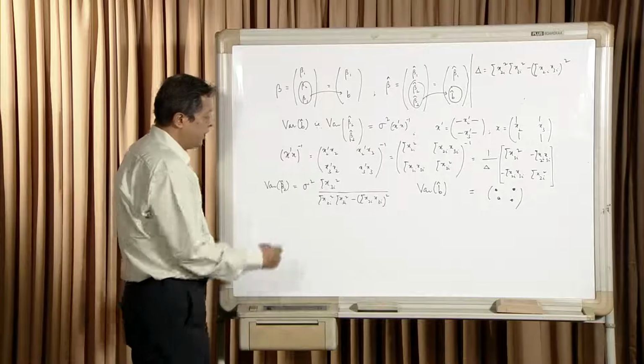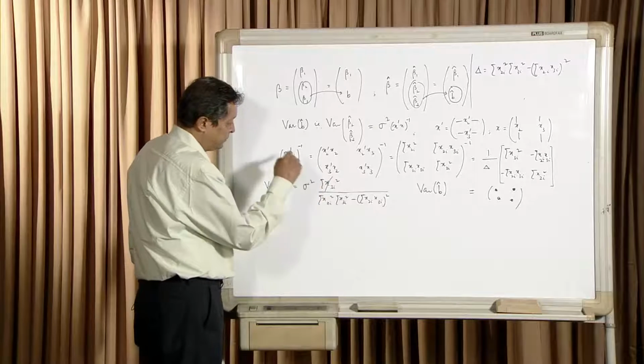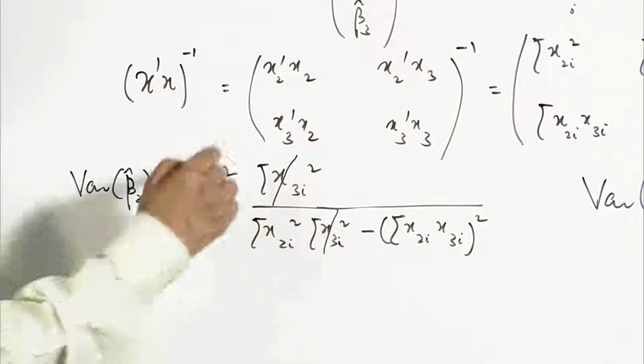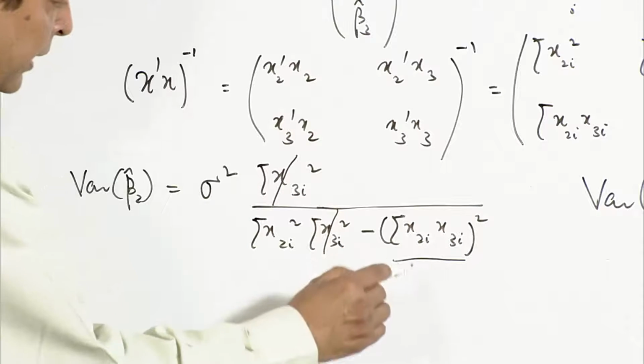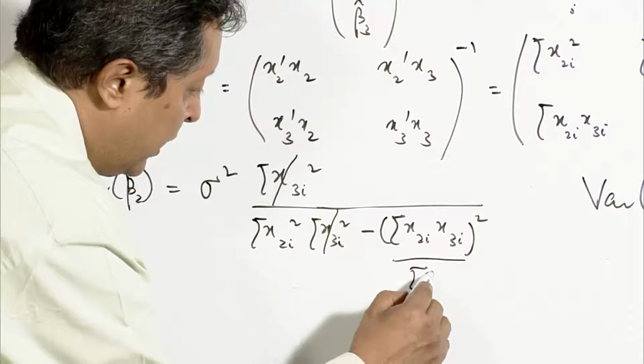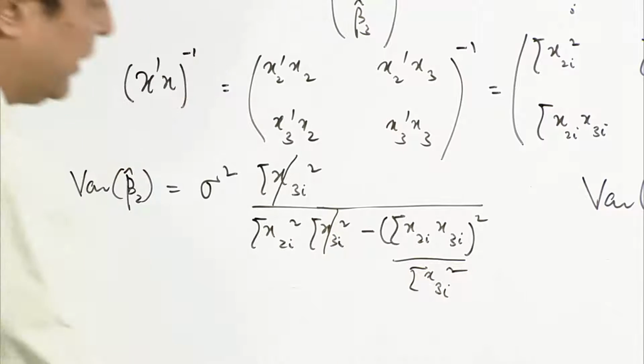It is easy to see that if you divide by summation x3i square, you get this result.